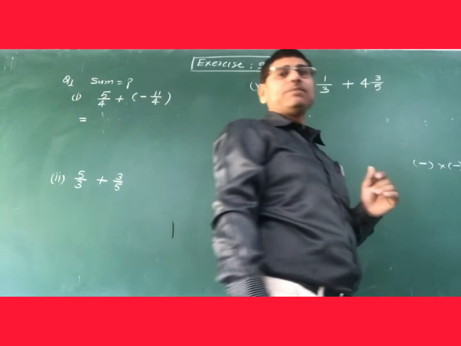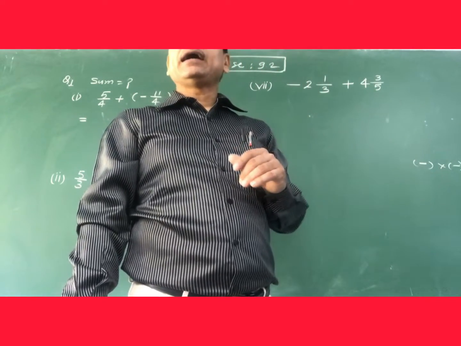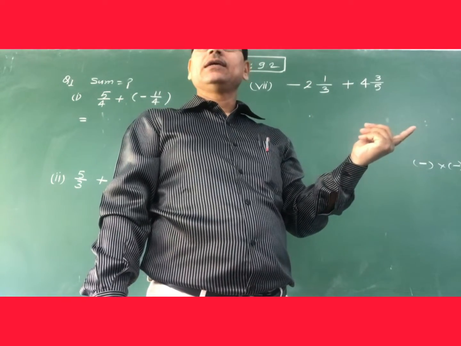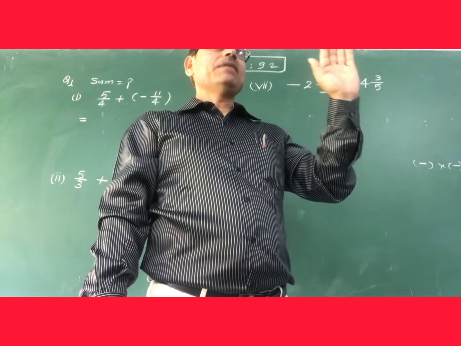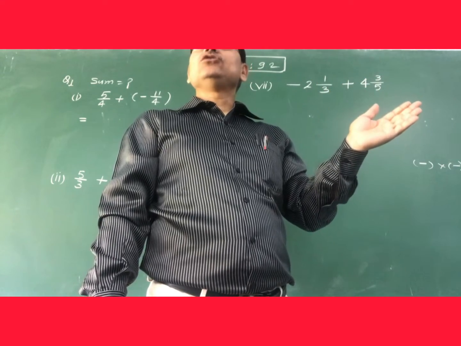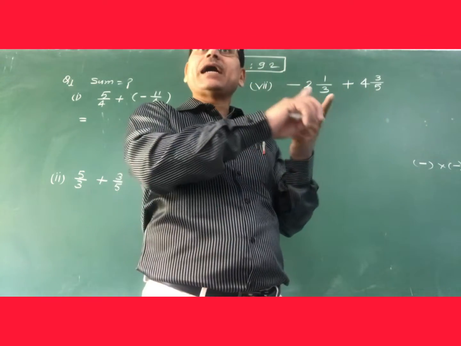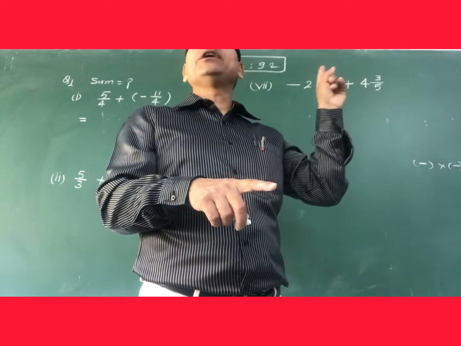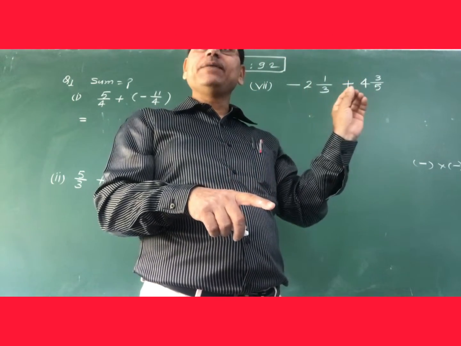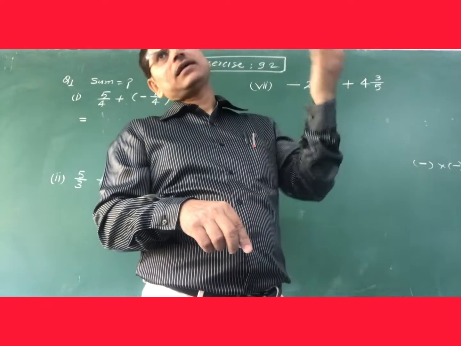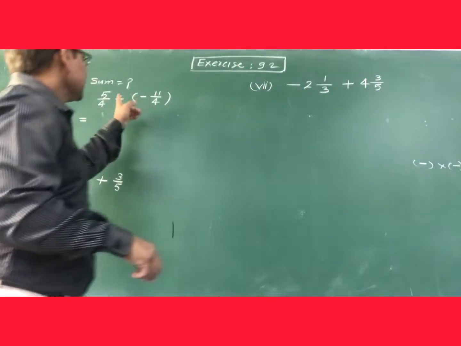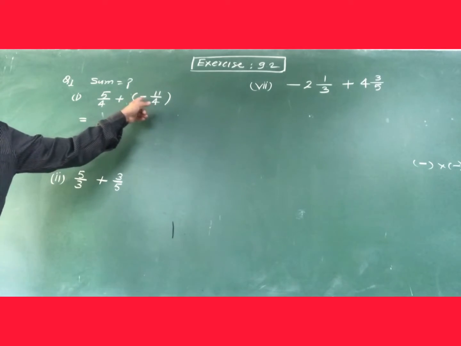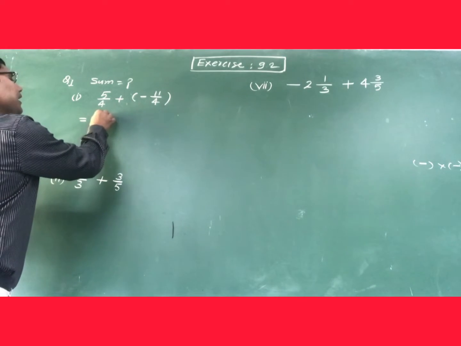Plus into plus you will get plus, but minus into minus you will get plus. Minus and plus is opposite, so always minus, and same way plus into minus, again minus. So here is a sign plus and minus, this gives you a negative sign.